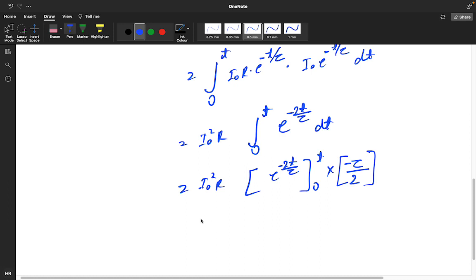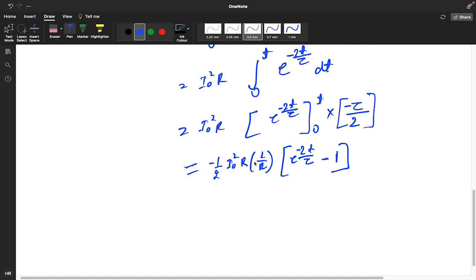So put the value of everything and tell me the results. You are getting minus 1 by 2 I naught square R, and tau value is L by R. And if you put the value, you are getting e power minus 2t by tau minus 1.